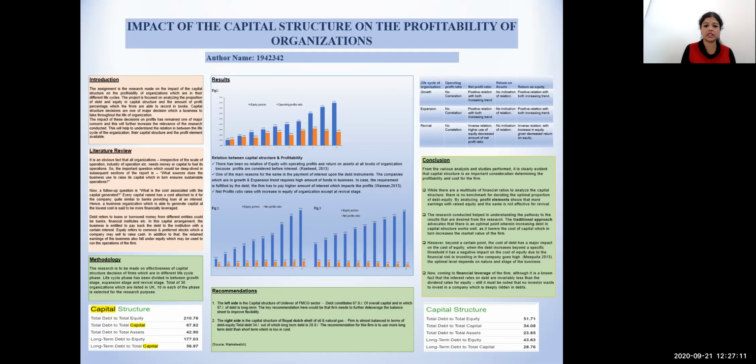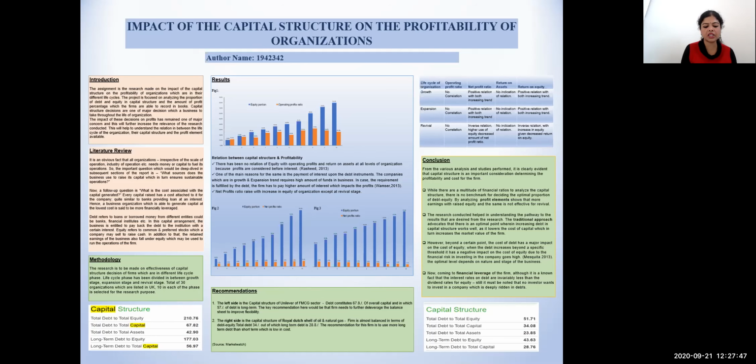And the other one is the traditional approach, which states that the optimal point can be arrived at with an increase in debt. But beyond a certain point, it will impact the cost of equity. When the debt increases beyond a specific threshold, it has an impact on the cost of equity, because no one would like to invest in an organization which is heavily in debt, because it is risky for the investors.